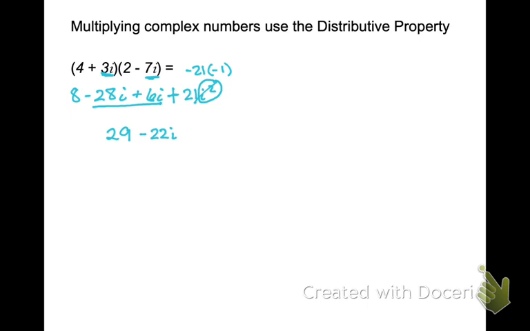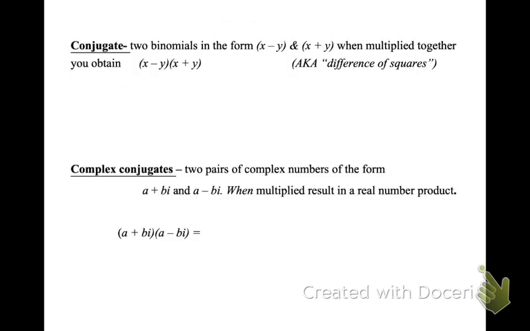Questions? Okay, conjugates, AKA difference of squares. x minus 4, x plus 4. Those are conjugates of each other, and those are all real numbers right here. When I multiply this out, what happens to the middle terms every single time?